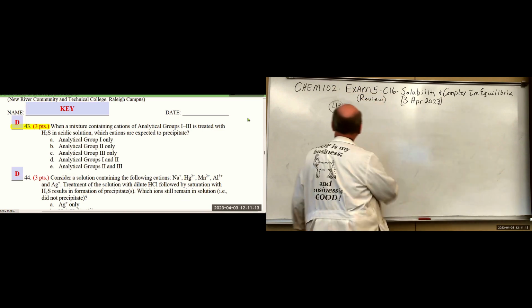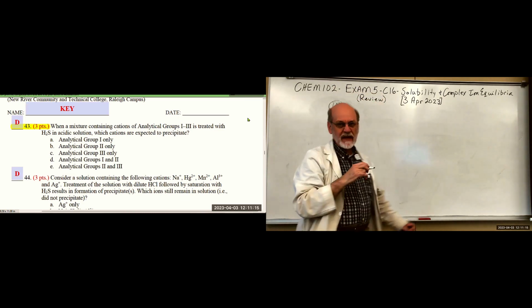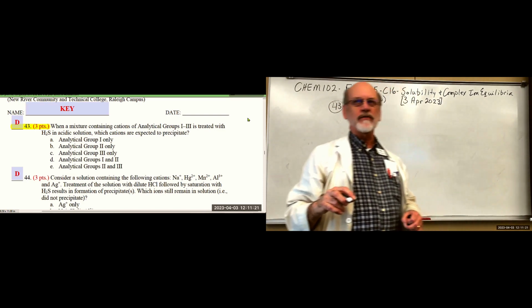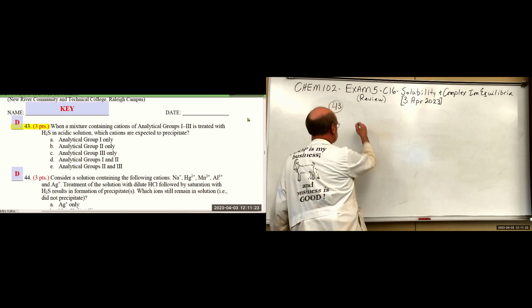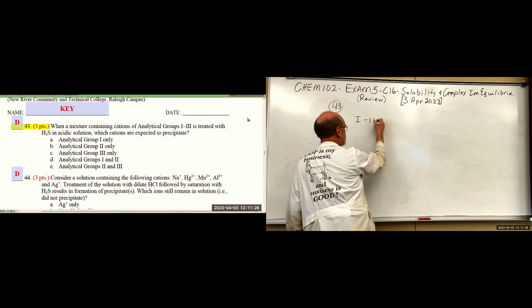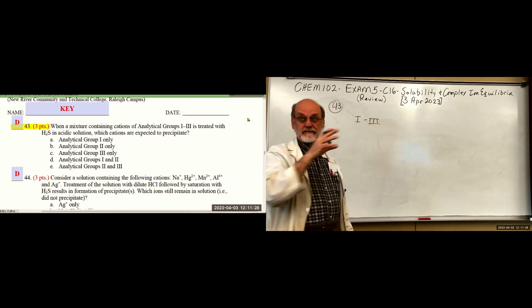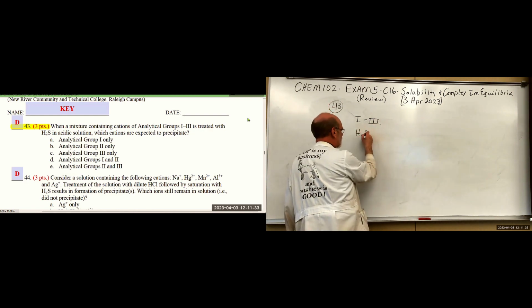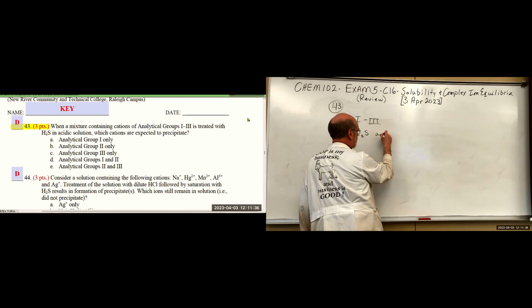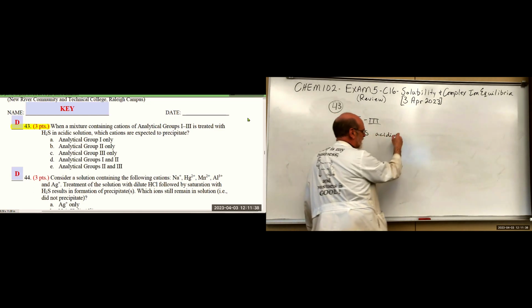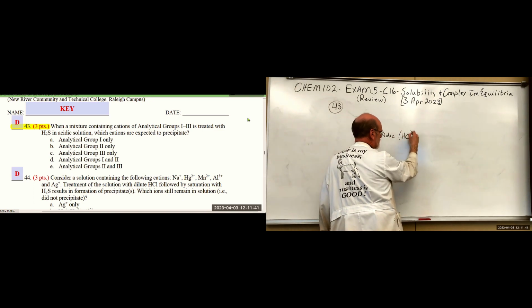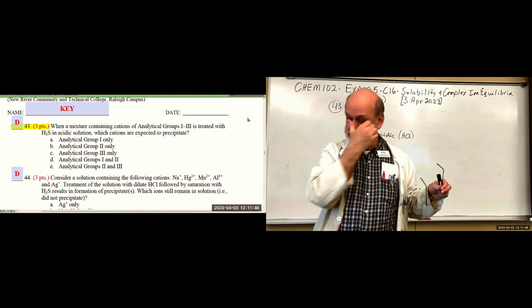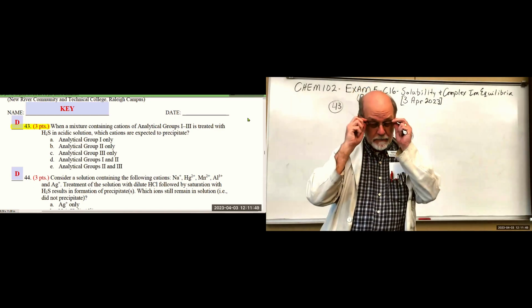All right, number 43. When a mixture containing cations of analytical groups 1 through 3, okay, it's only got those from 1 through 3, is treated with acidic H2S, and I assume they mean hydrochloric acid, otherwise their answer doesn't make any sense.